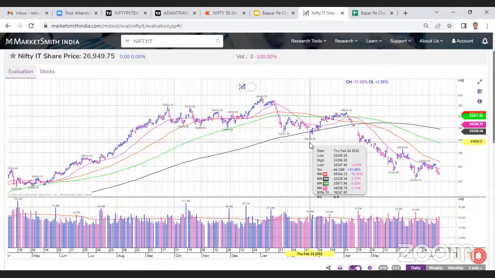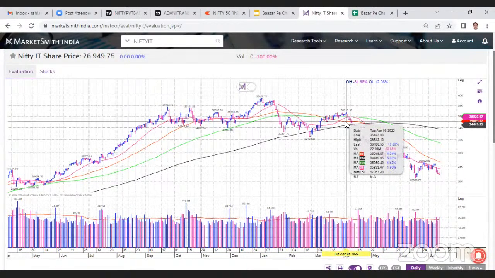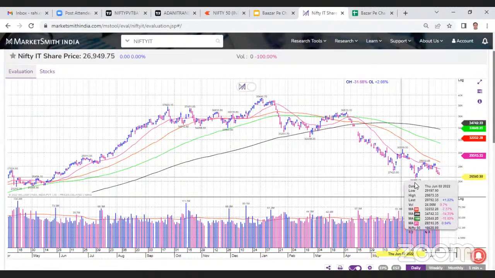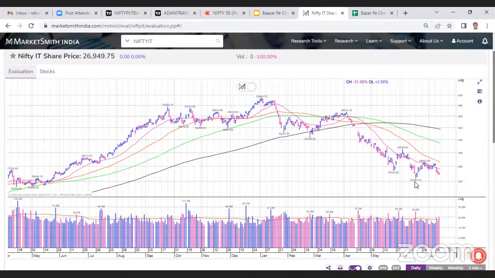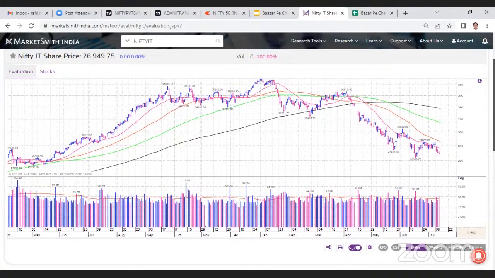Again it formed a lower low in February, and from February till April there was some resilience in this space, but after that it saw massive selling pressure, and again started forming lower lows in May and again in June. So obviously it is not a great sign, because selling pressure has intensified, and the index is trying to find some sign to move upside, but it miserably failed in doing that.